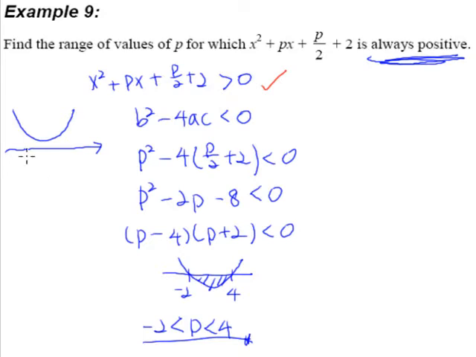They do not think of the curve having to hover above the x-axis. So what they did, by way of convenience, was this. Since this quadratic expression has to be greater than 0, therefore b squared minus 4ac will be greater than 0, isn't it? I mean, come on, it's greater than 0, so this will be greater than 0. So they will work out everything as per what we have done here. The only difference is the sign.